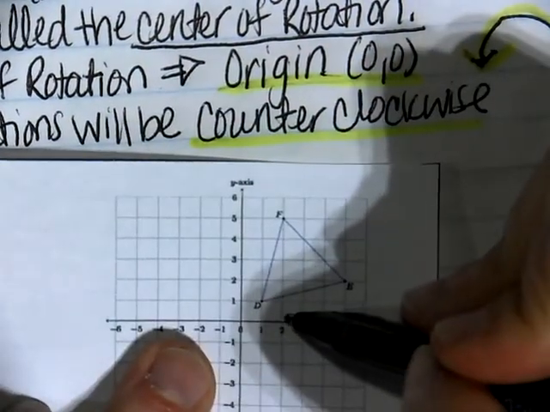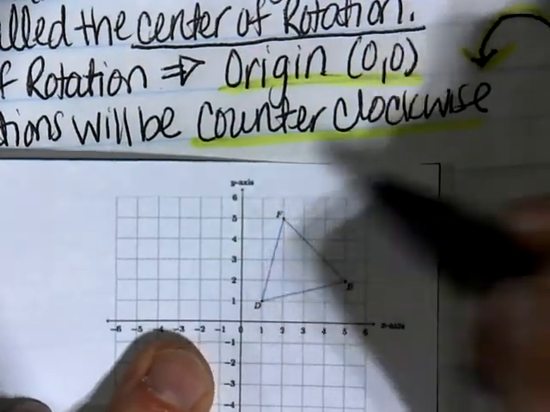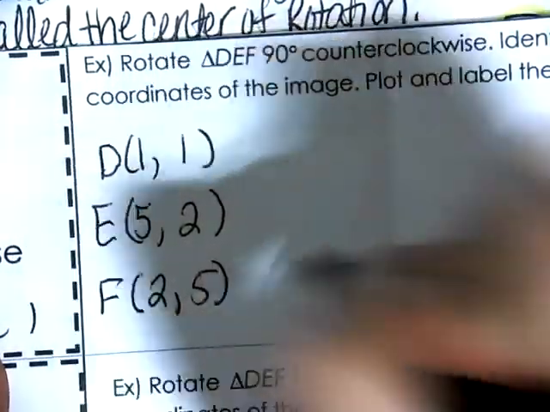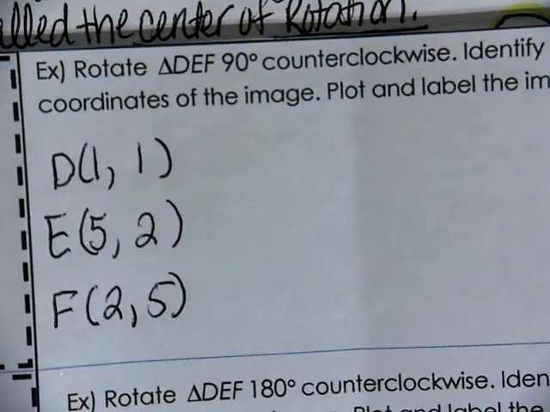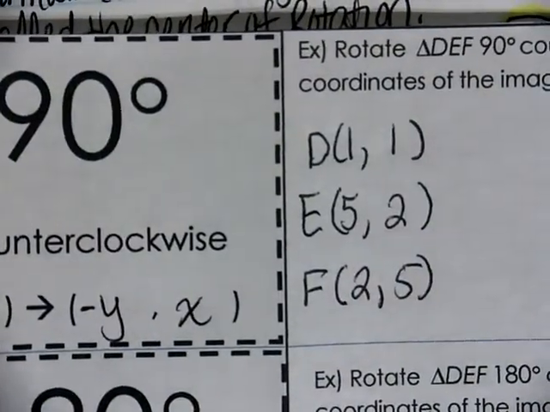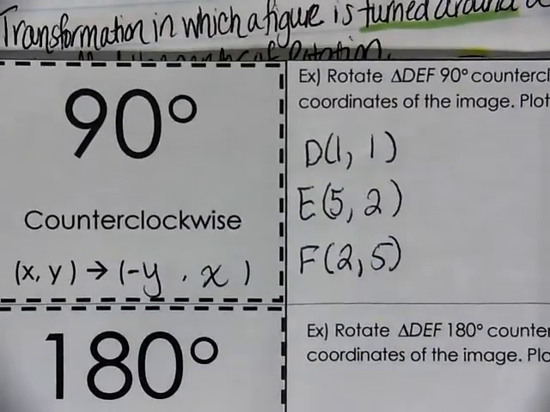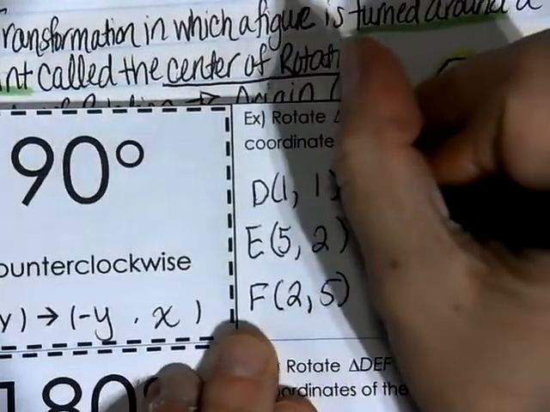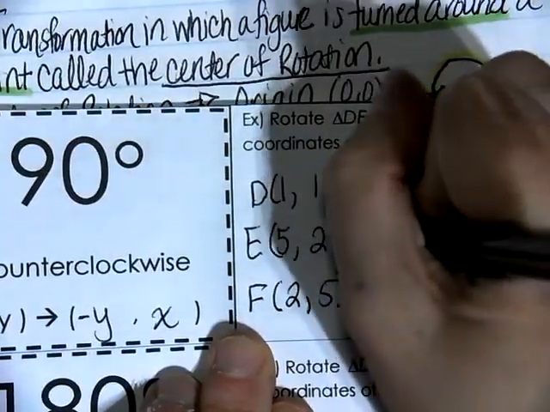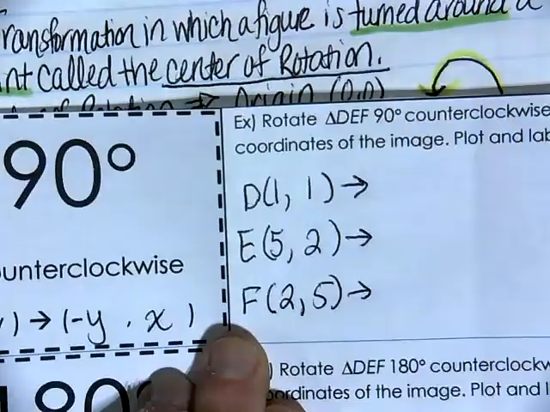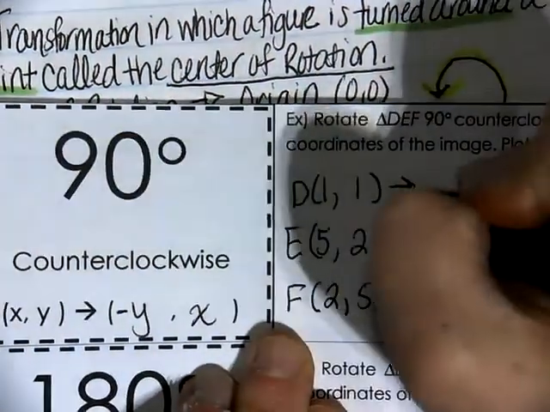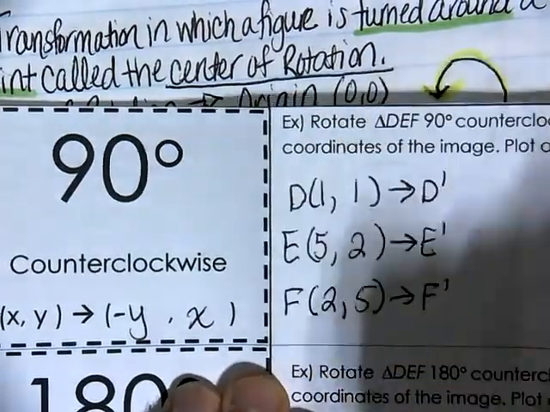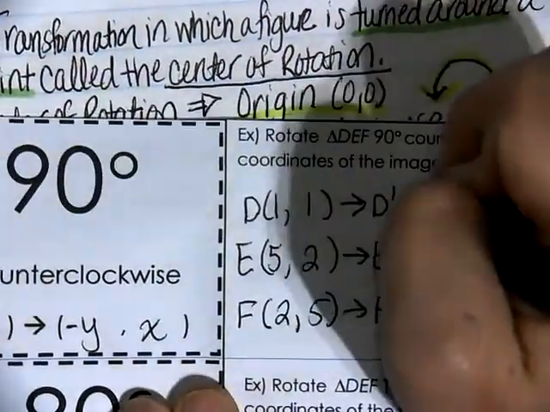F is located at 2, 5. So here is D, E, and F. And we are going to be using the rule for 90 degrees to help us rotate our pre-image. So I'm going to put an arrow each time to show that I'm going to be identifying where D prime, E prime, and F prime are located.